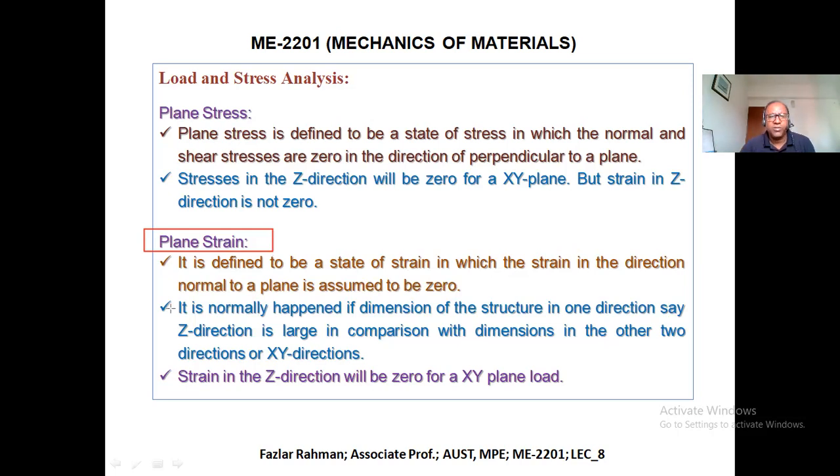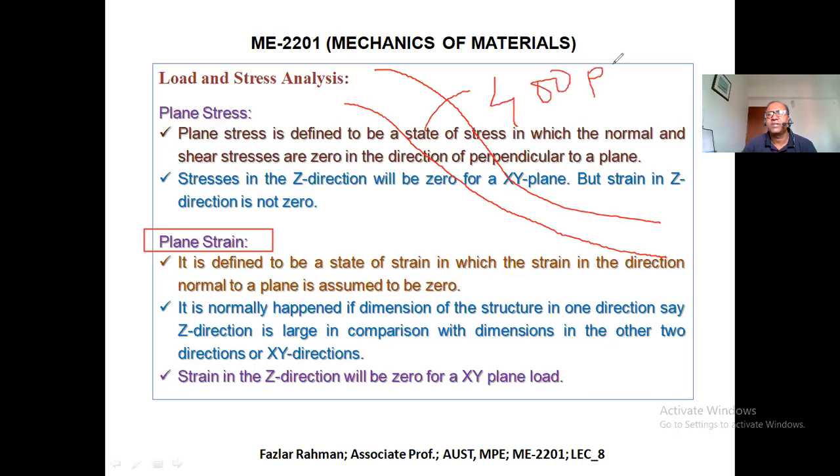For example, you are carrying natural gas from Comilla to Dhaka through a long pipeline, and inside it is pressurized, say 400 psi. So what will be the stress in the pipe? Obviously, it's pressure-driven, right?